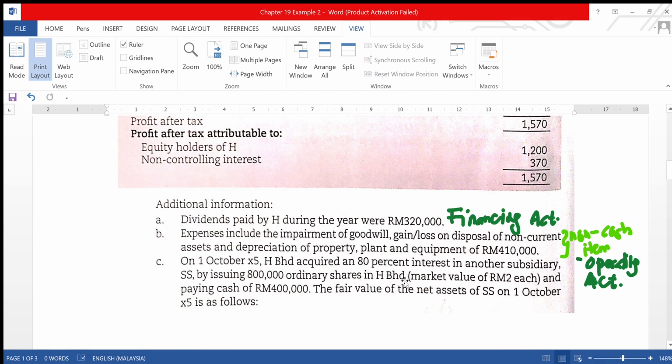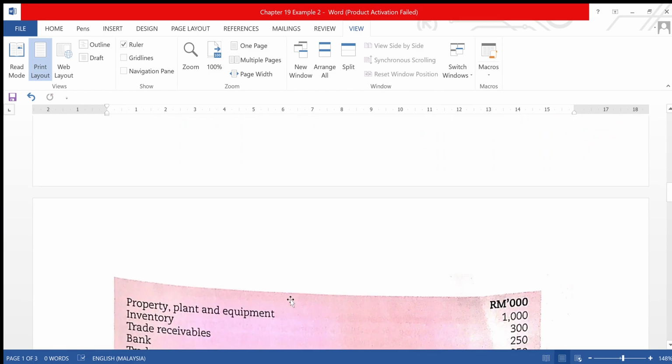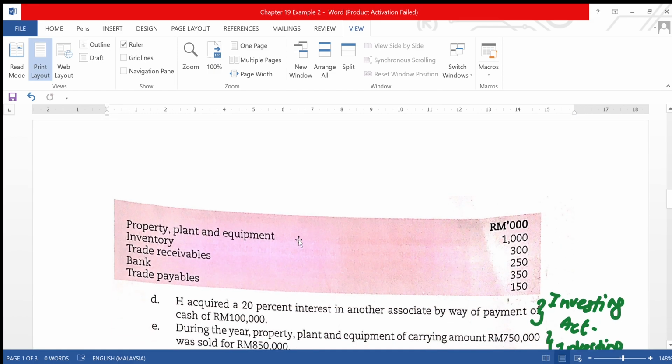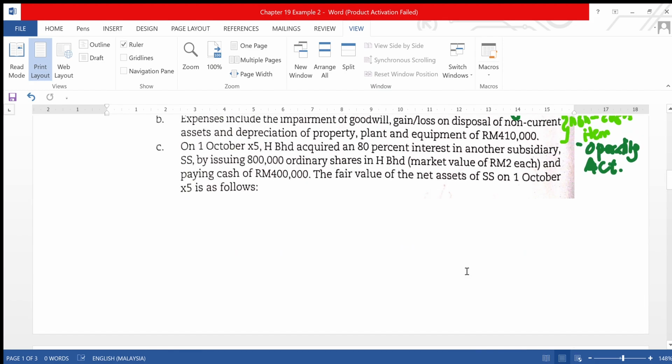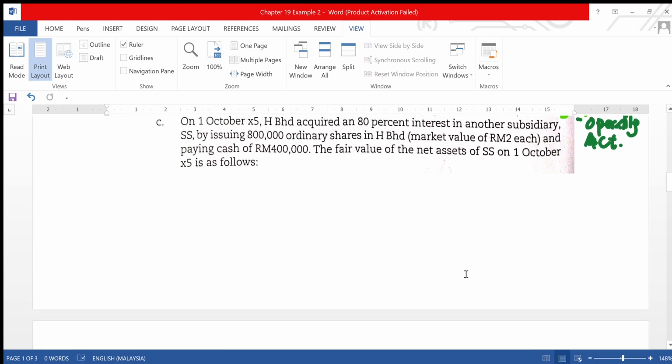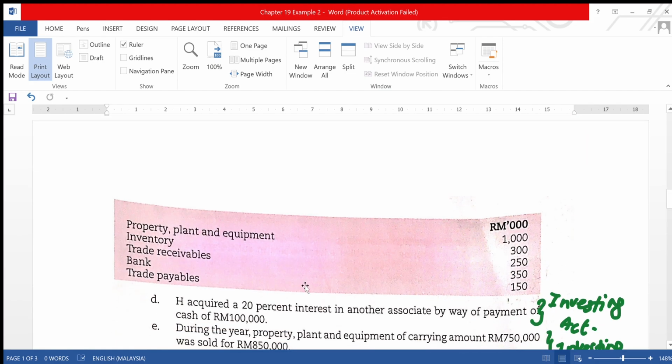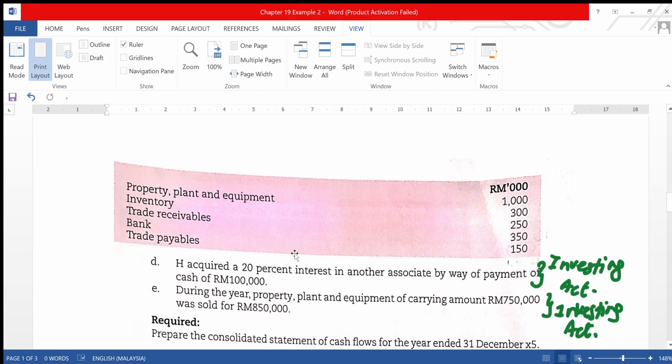So when H purchases the subsidiary by issuing ordinary shares and cash, this is what they have, owned at the fair value of the subsidiary. So they will get this. Okay, we'll look at it later.